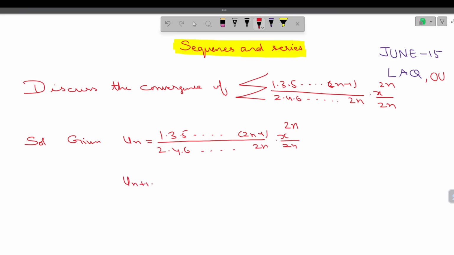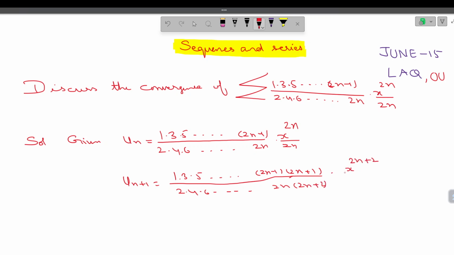Now if you take un plus 1, it is 1, 3, 5, and so on up to 2n minus 1, 2n plus 1, divided by 2, 4, 6, and so on up to 2n, 2n plus 2, times x to the power of 2n plus 2, over 2n plus 2.